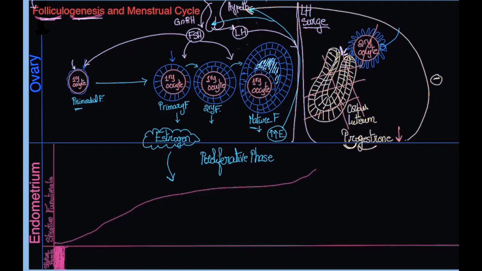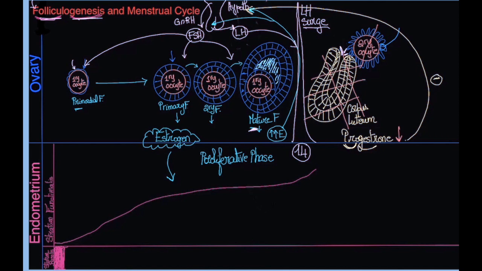What happens on day 14? On day 14 of the menstrual cycle and the ovarian cycle, this sudden rise of LH that we've called the LH surge will stimulate the mature follicle, enhancing the rupture of the follicle, allowing ovulation to take place and the corpus luteum formation.